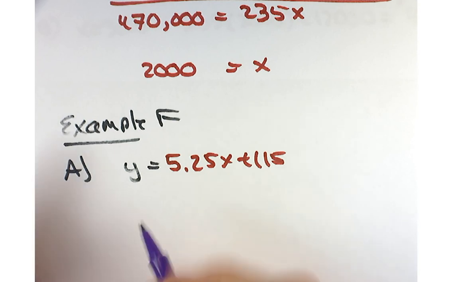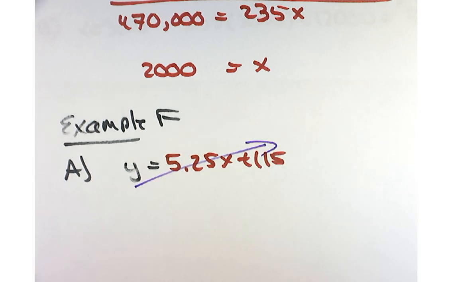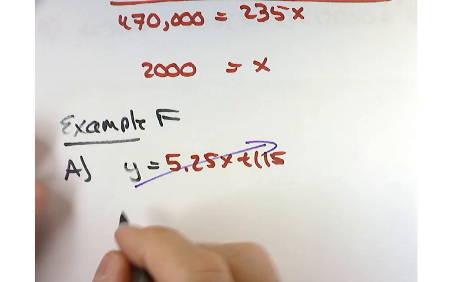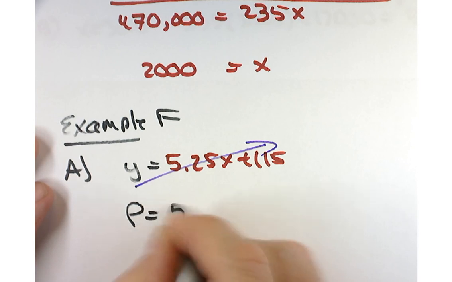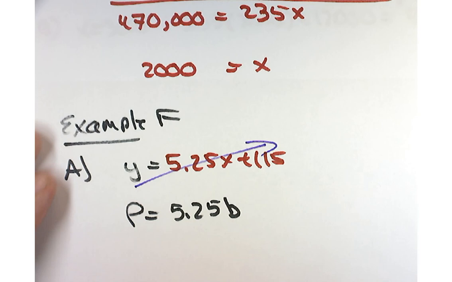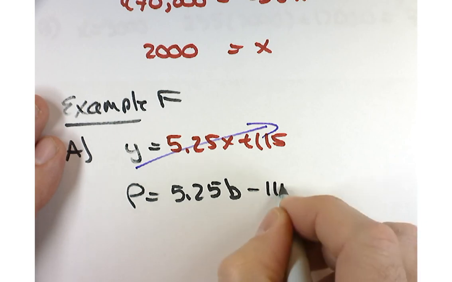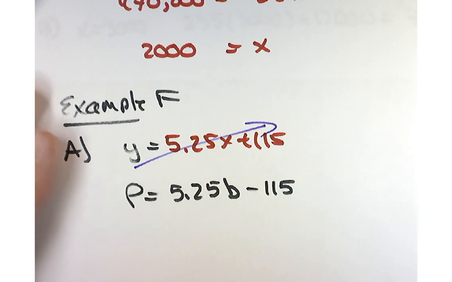So let's go to the variables that they were asking us to use, which would be your profit is $5.25 per bag, but then they got to pay the person to sell these things, so you're going to pay $115.